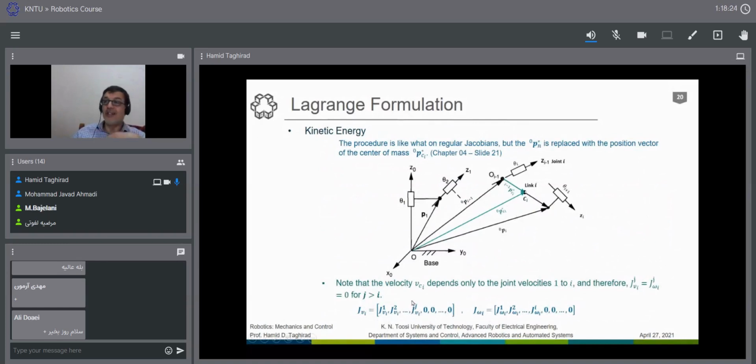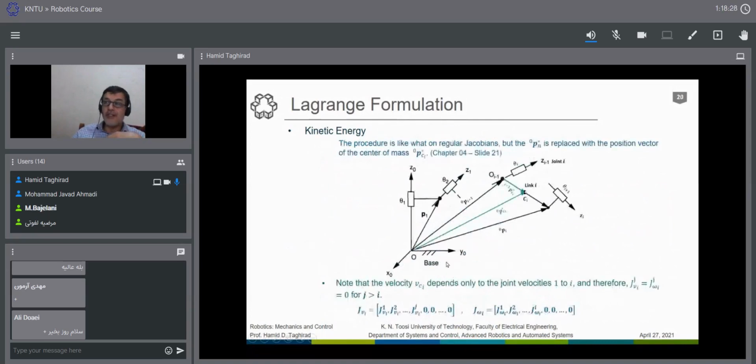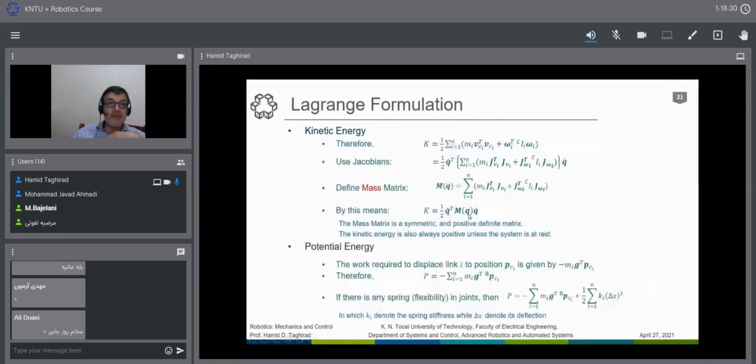If we have the Jacobians, then we can find the M matrix quite easily. The P matrix is found by just multiplying this one. This is also very easily found.